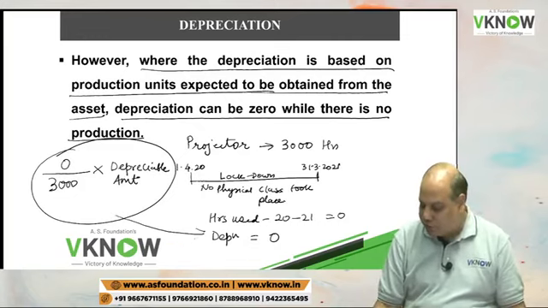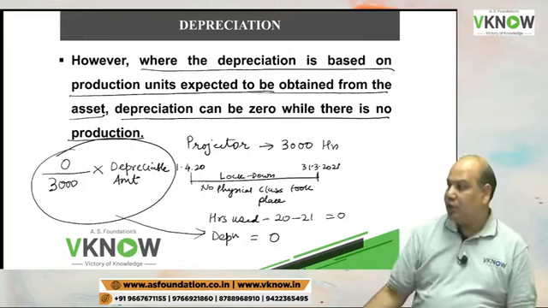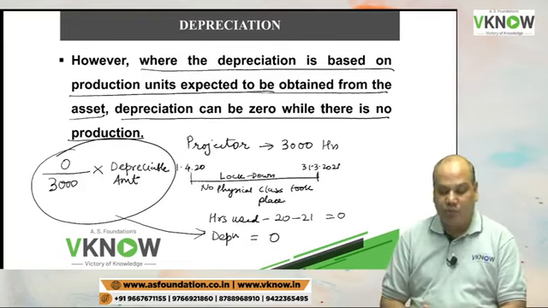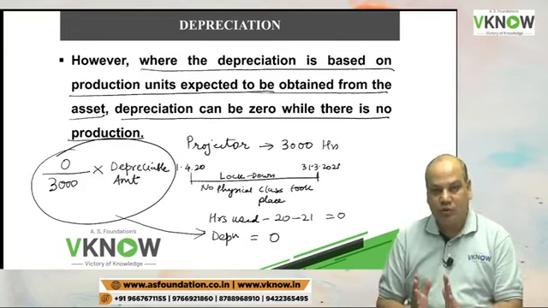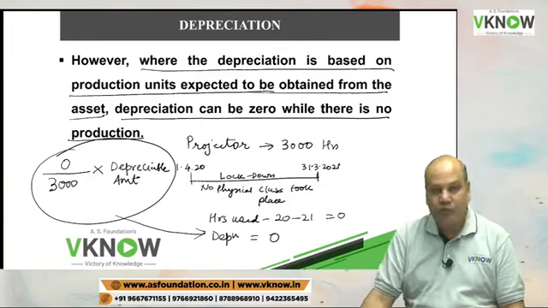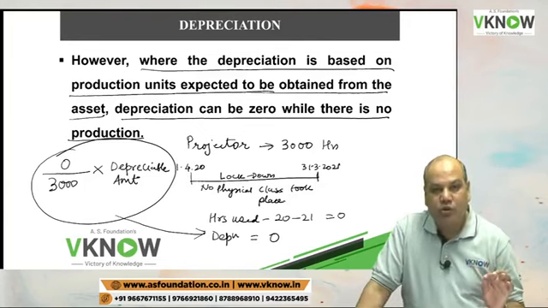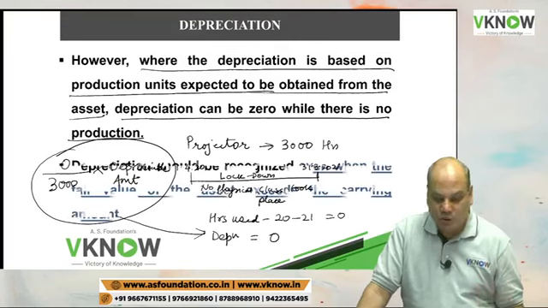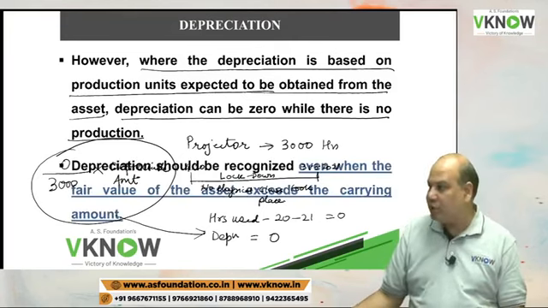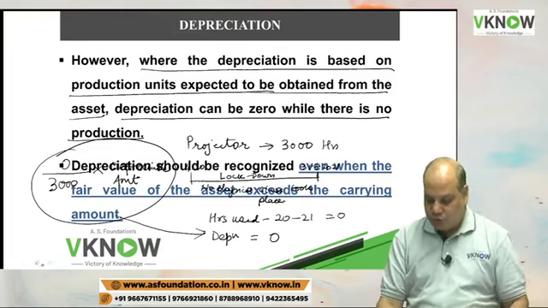Because in case of such items where the useful life is based on production quantity, like hours or units, if there is no utilization, no production, depreciation will be zero. I hope this example was good enough to understand.